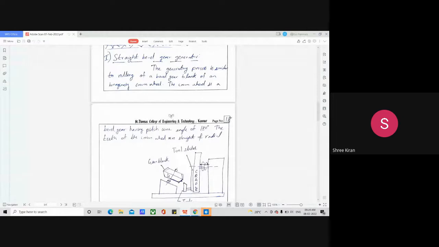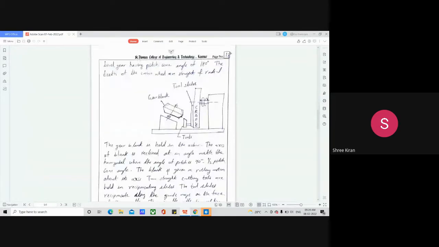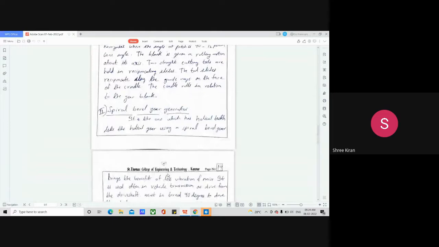After the straight bevel gear generator, we will have a spiral bevel gear generator. It is the one which has helical teeth, like the helical gear.